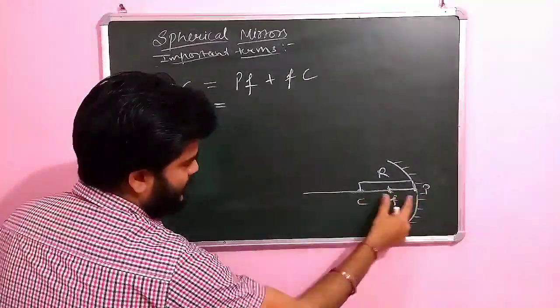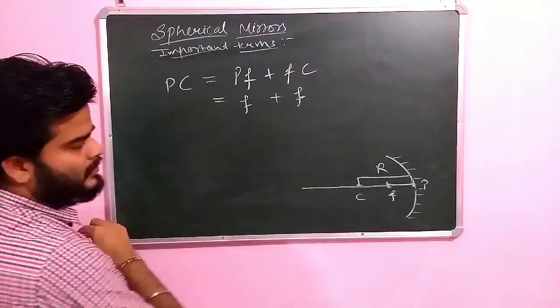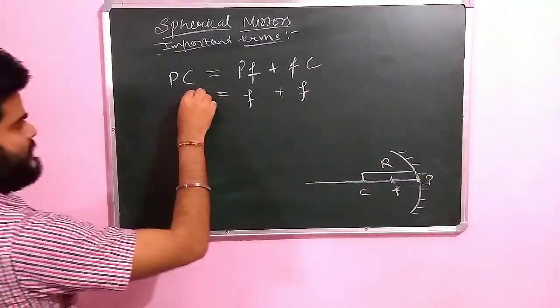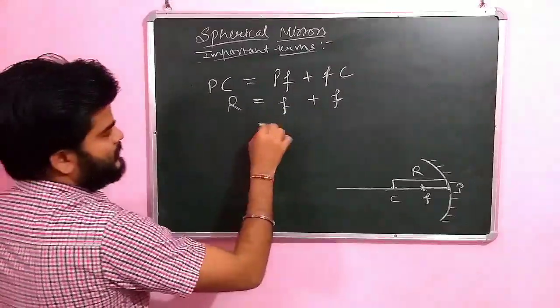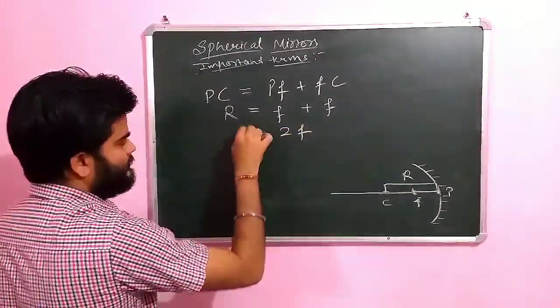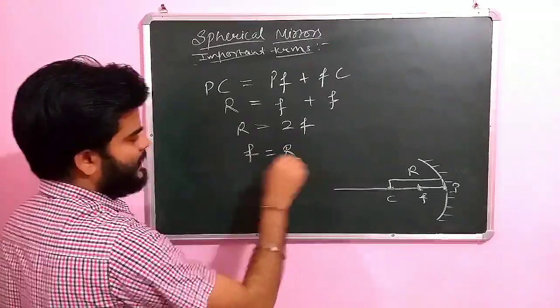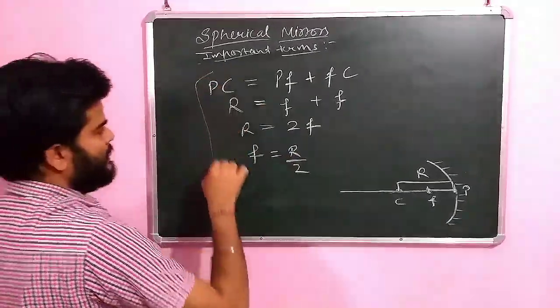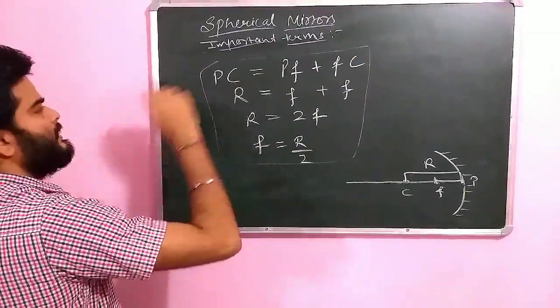These are representing its focal length. Let us say F. This is also F, and PC is representing radius of curvature R. So this is 2F, or you can say F is equal to R by 2. This is the relation between focal length and radius of curvature.